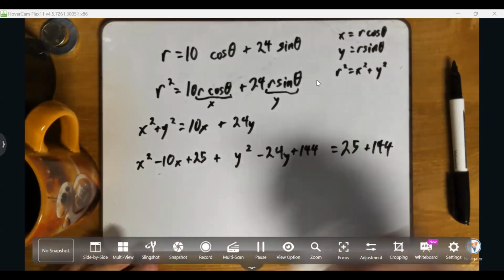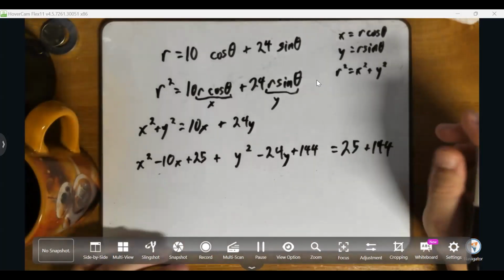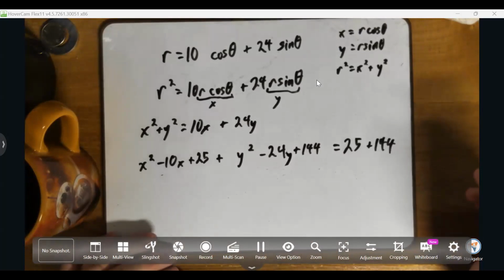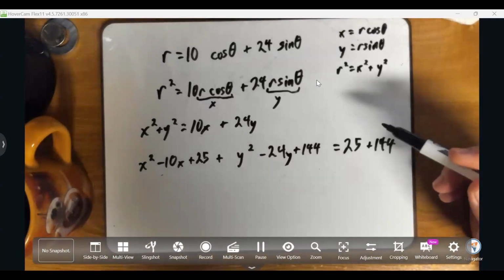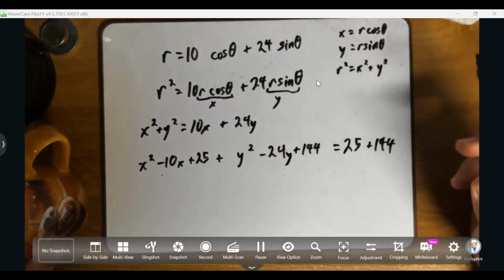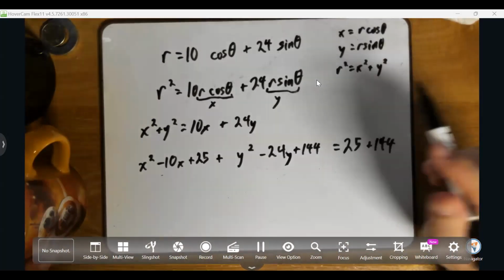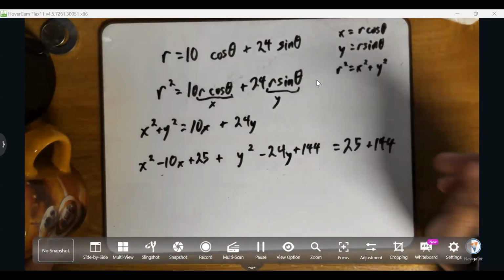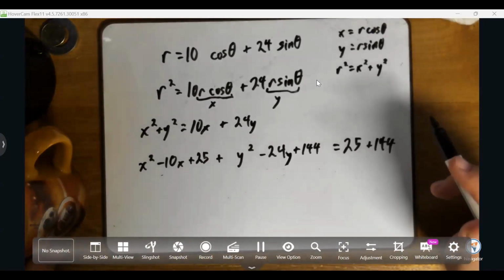I'll erase the scratch work real quick, but that should hopefully be mostly a review. I understand it's something you do a little bit and kind of forget, but you're supposed to know it. So just refresh your memory on completing the square. It's a critical tool to have in your toolbox. So just remember that.